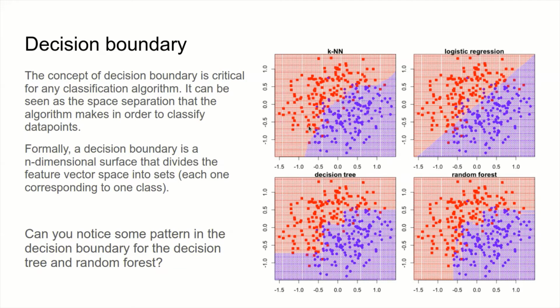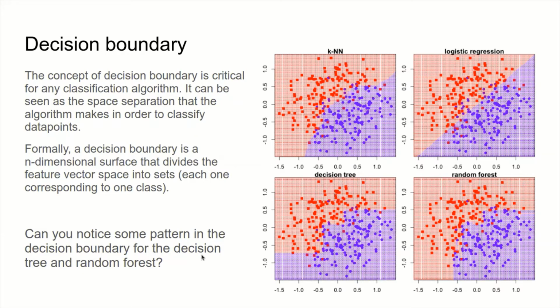Pay attention, these are different algorithms, k-nearest neighbor or logistic regression. However, we are interested in knowing what is different in the decision tree and the random forest, because random forest is a more powerful version of a decision tree. So what do you notice here that is different from the others?